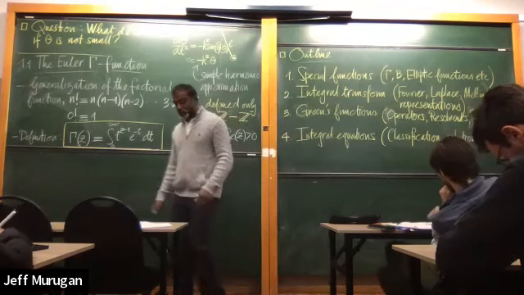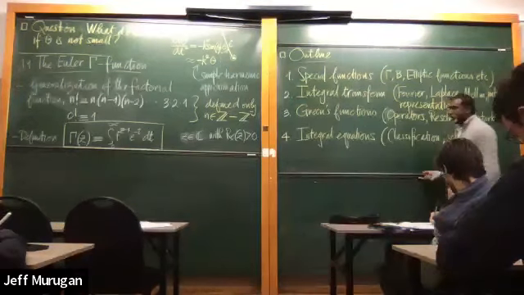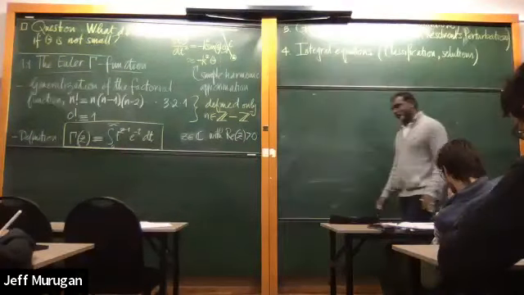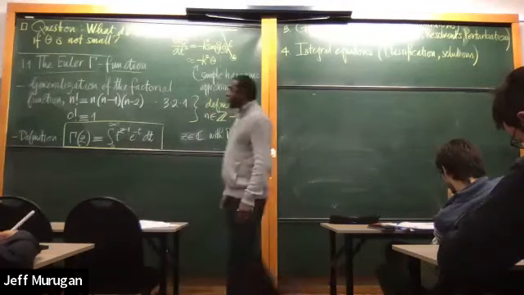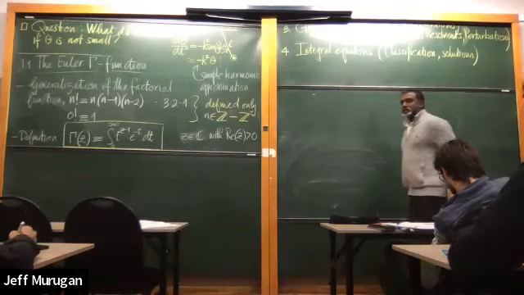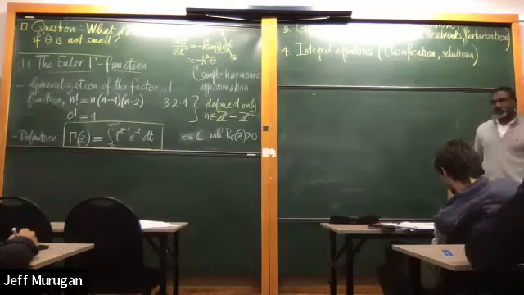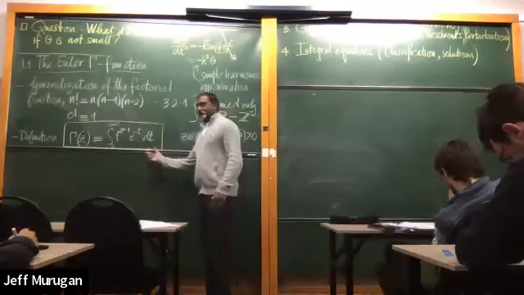That's the condition, and you can test this in any which way you're comfortable. The definition as I've written it down holds whenever the real part of z is positive, and that's because that's where this integral converges. Okay.